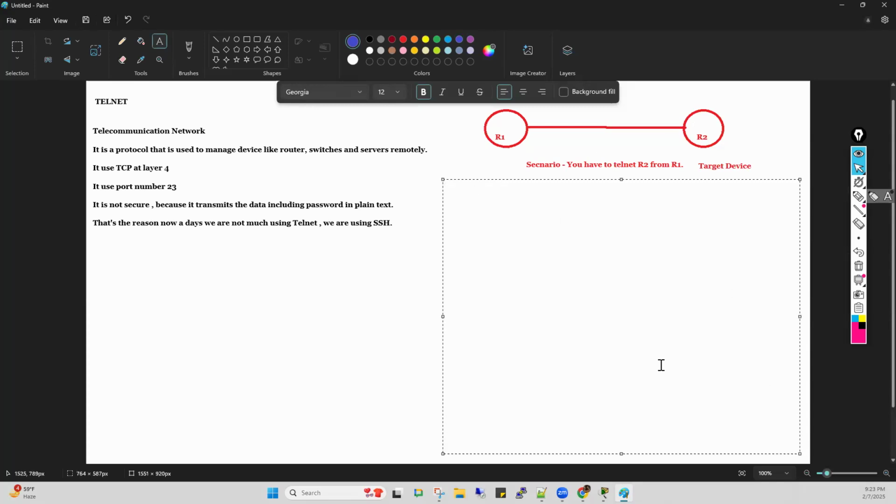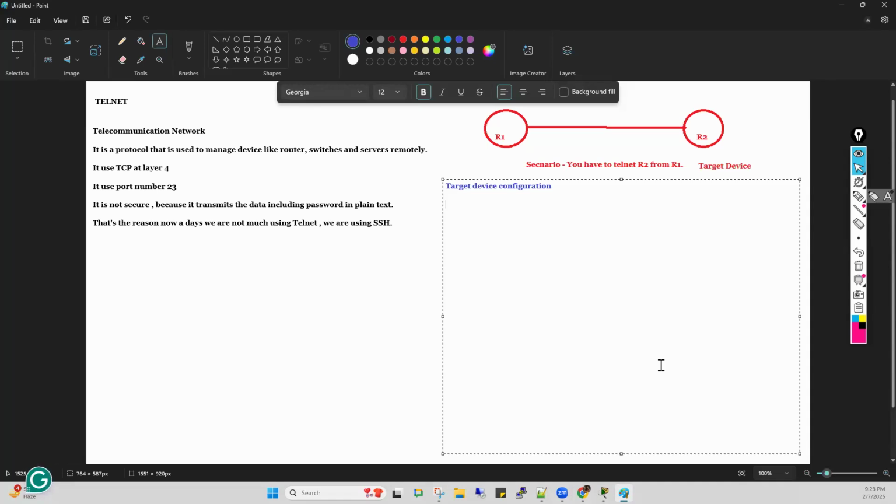Now, first of all, we need to configure the target device. Target device configuration. How can we configure it? First of all, you need to configure the IP address.